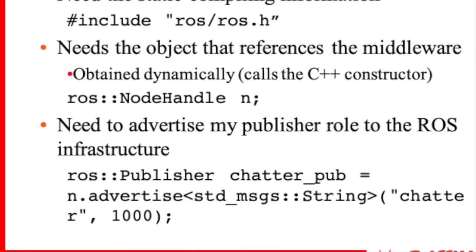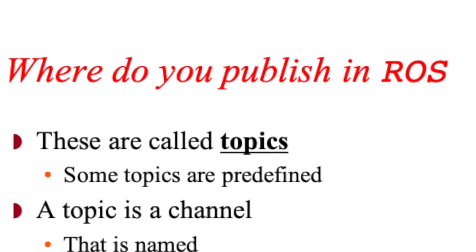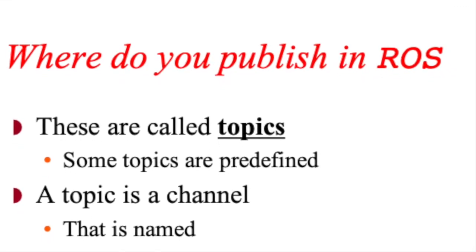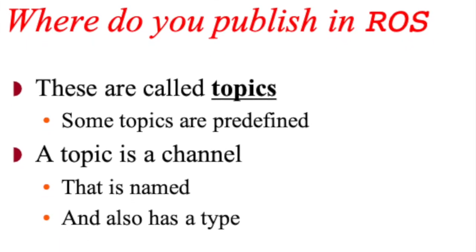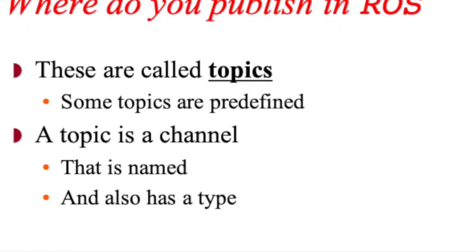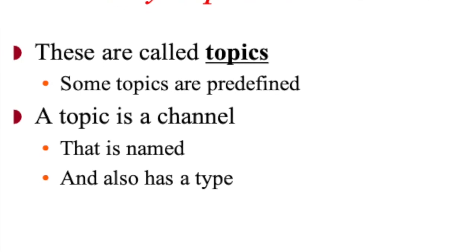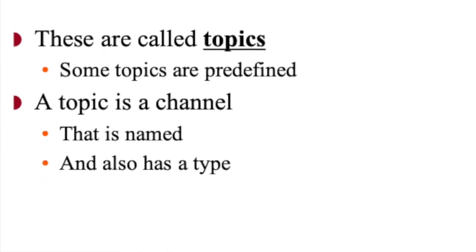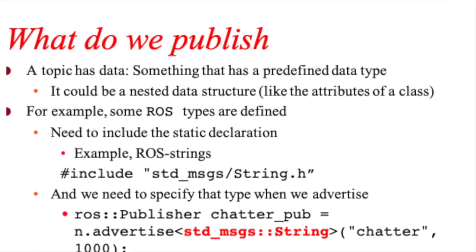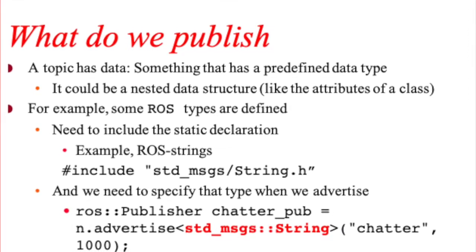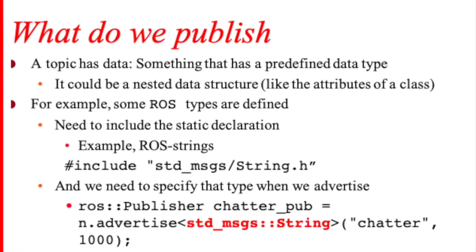a publisher. The information that flows across nodes is messages, and they are posted on topics. Therefore, topics are named channels that also indicate the data type of the message. Messages are data, and therefore they have a certain type.